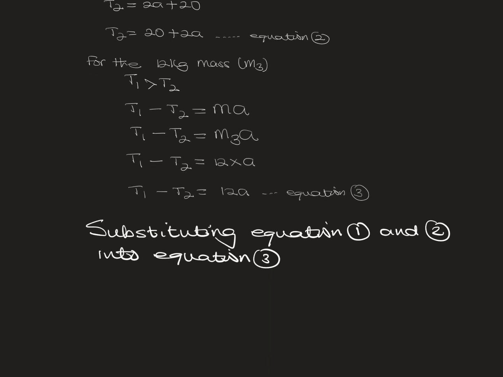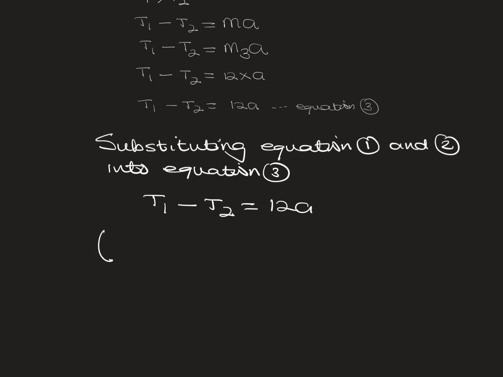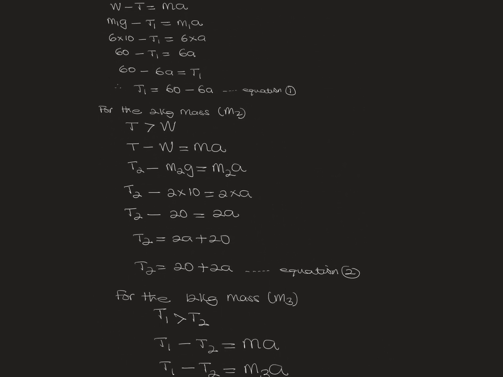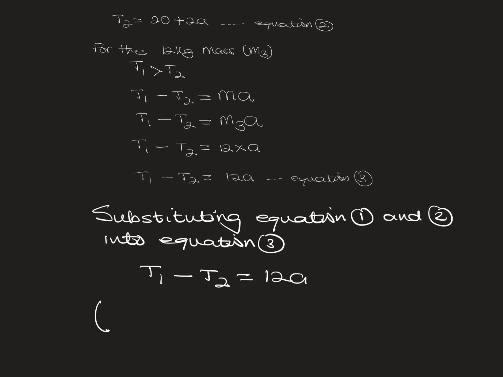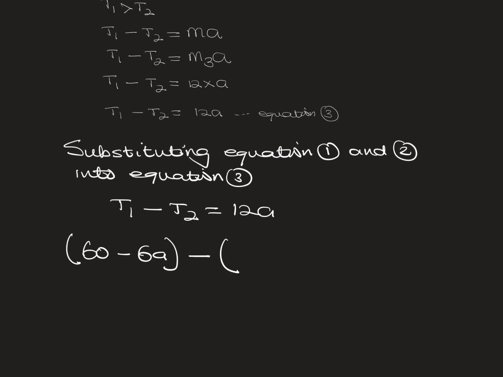But what is equation 3? It is T1 minus T2 is equal to 12A. So for equation 1, T1 is 60 minus 6A, then minus what is equation 2, 20 plus 2A. This is equal to 12A.